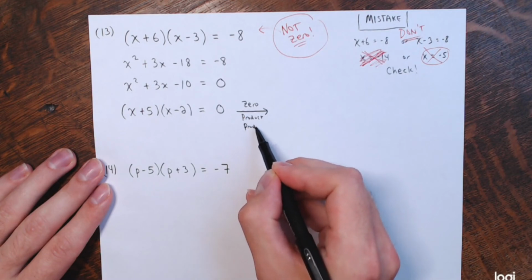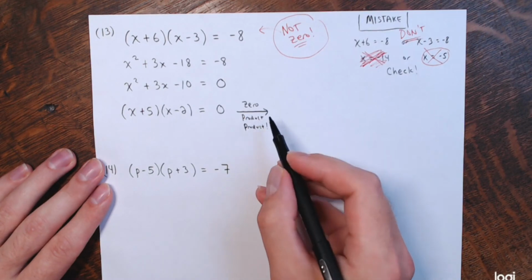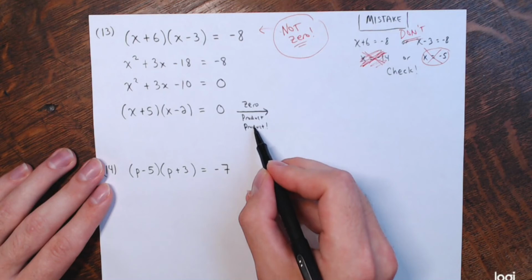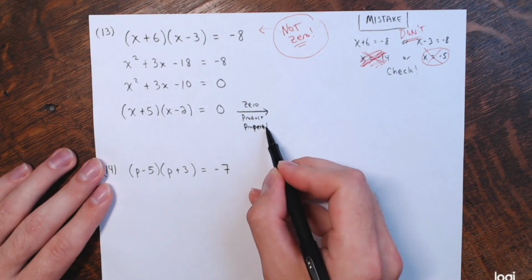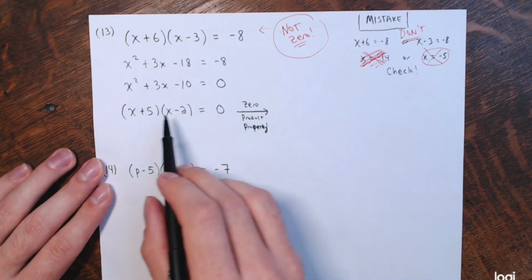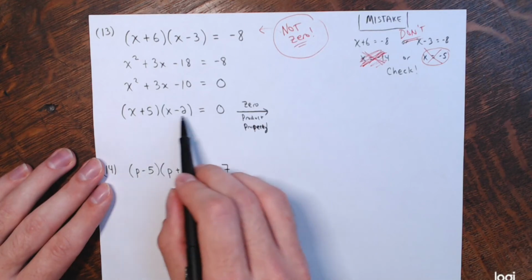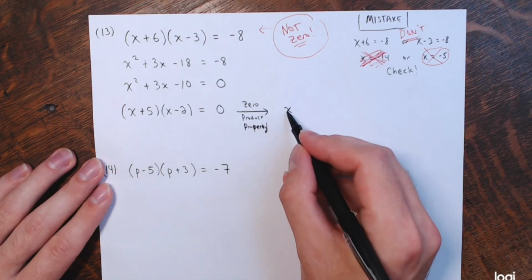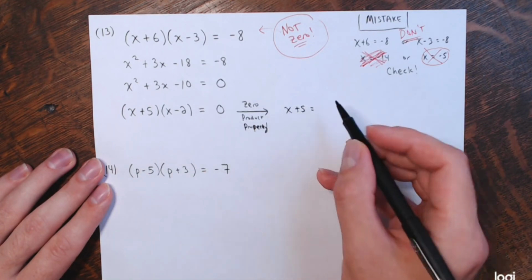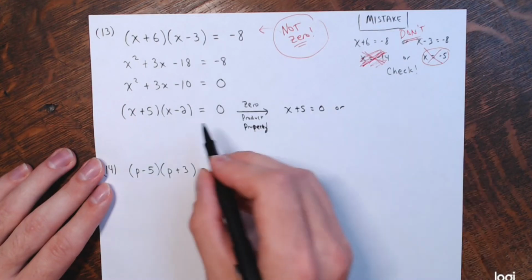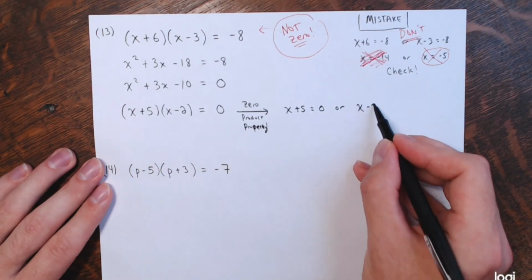There's a reason the word 0 is in that name. I said product. 0 product property. When a product equals 0, we can split up like that. Either x plus 5 equals 0, or x minus 2 equals 0.